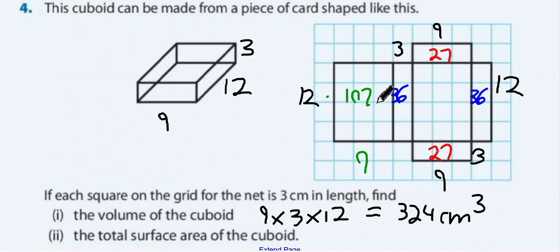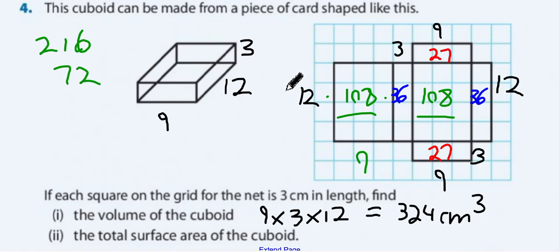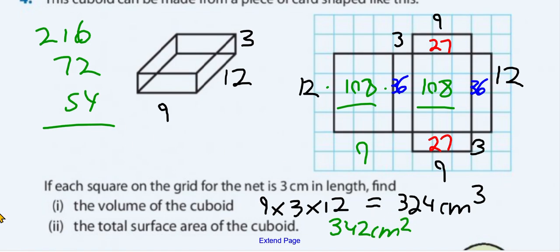Could somebody be so kind as to add up all 6 sides for me. 27 twice, 36 twice, and 108 twice. Oh, sorry, 216 for the 2 green ones. And then the 2 blues is 72, and the 2 reds is 54. And then when you add them all up together, 300 and? Yeah. Area, centimeters squared.